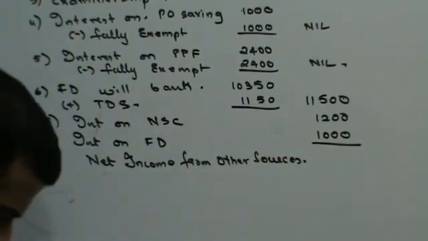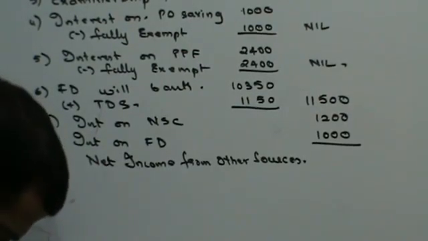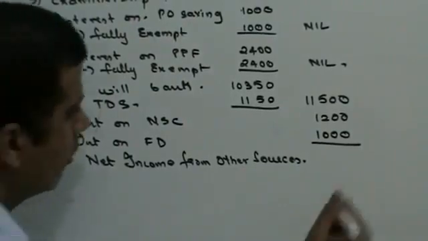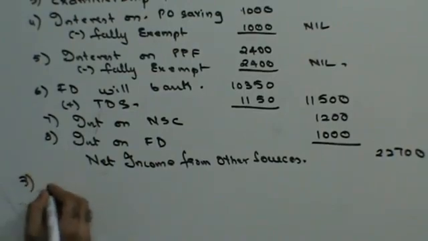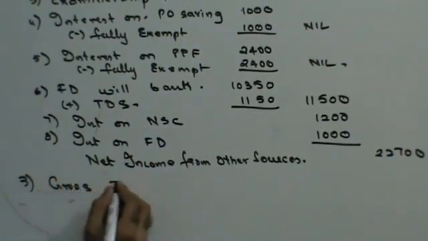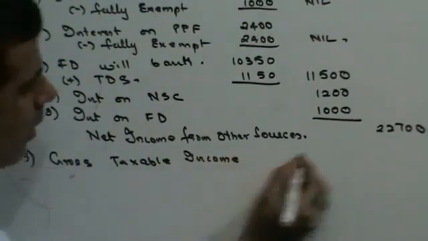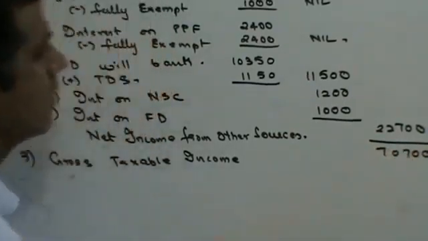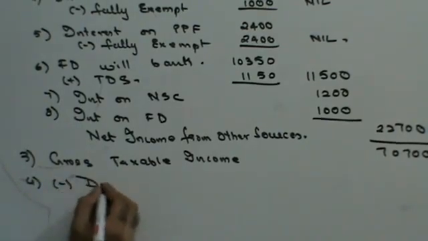Net income from other sources is 22,700. Next, this will give you your gross taxable income. Add this, 7,700. Right.